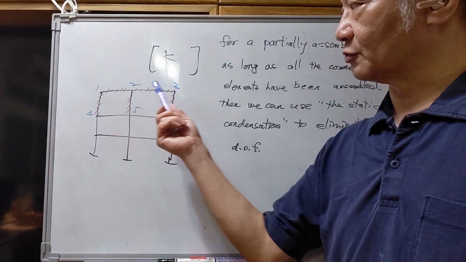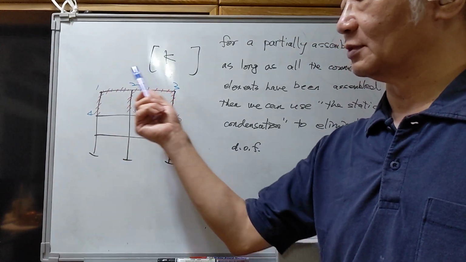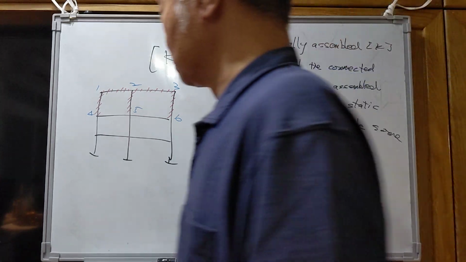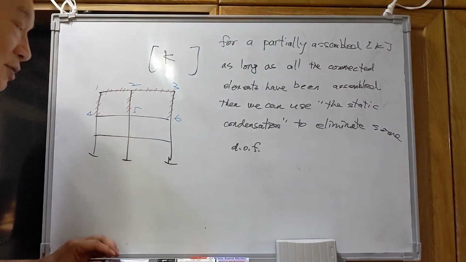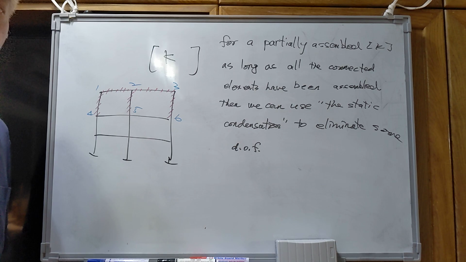But after we assemble the 5 elements into the global K matrix, which degrees of freedom can we eliminate?